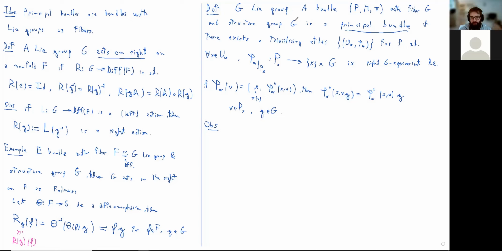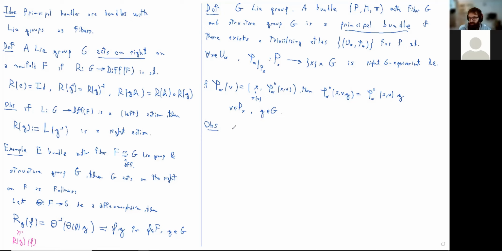And to have a transition map, you need an action of the structure group G on the fibers. And here, we have two different actions of G on the fibers. One is the one given by the fact that G is the structure group, and that is our left action, which we use for our transition maps. But then we also have this right action given by fiber-wise multiplication on the right.